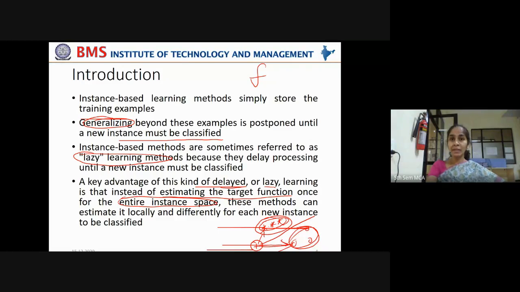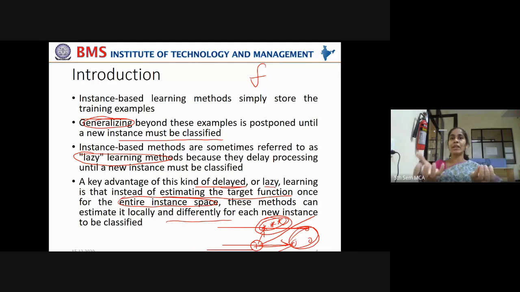Now, that hypothesis is learned over the entire instance space. But in instance-based learning, these methods can estimate it locally and differently for each new instance that has to be classified. Whenever a new data point is given, that new data point is compared with each of the training examples.